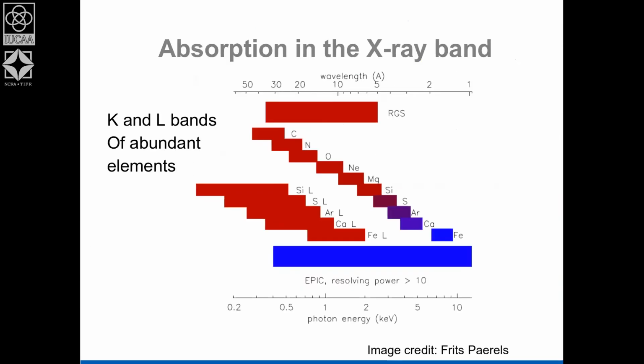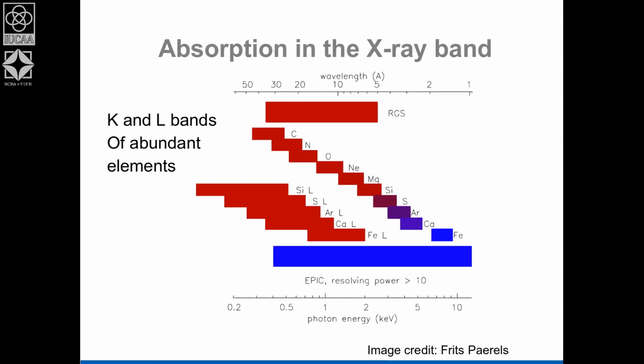So why are there so many absorption lines here, compared to the optical spectra? You actually saw, okay, there are H alpha, H beta, H gamma, etc. But those lines are well identified and not blended like this. The reason is that in the X-ray band, for example, think of the iron K band, which starts at 6.4 keV and goes to 9.1 keV or so. Just look at the iron.